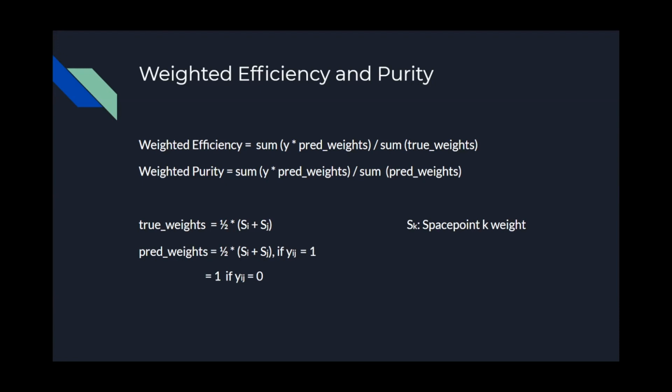So we have a weight assigned to each of the space points based on the hits that we want to recover. That was pre-assigned. I did not have a role in assigning that. I just used all pre-assigned weights.